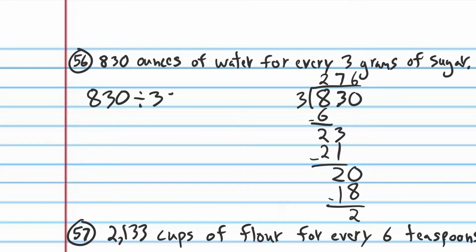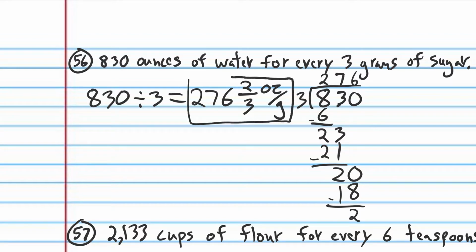So what that means is that 3 goes into 830 276 times. That's that number there. The remainder is 2, and so that goes in the numerator. And then the divisor, 3, goes in the denominator. So as you can see, it's just the same exact situation. Whoops, we have to put our units, ounces per gram.